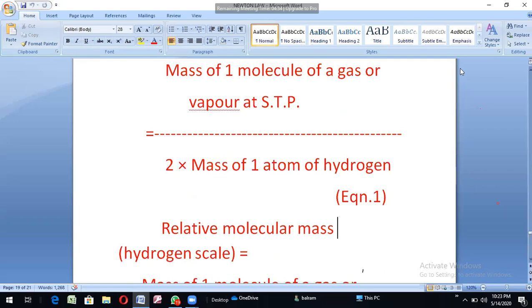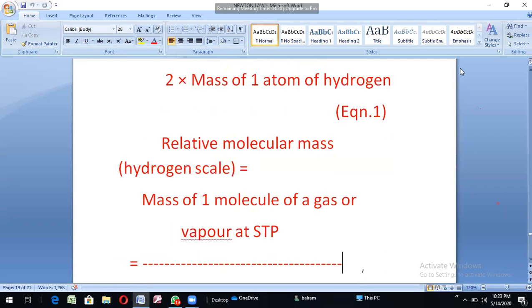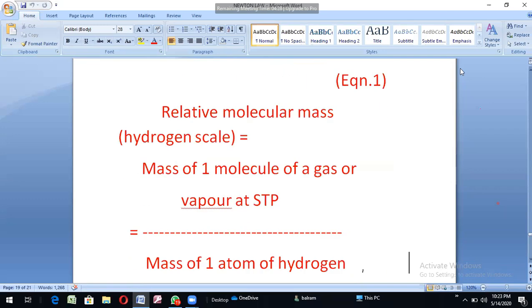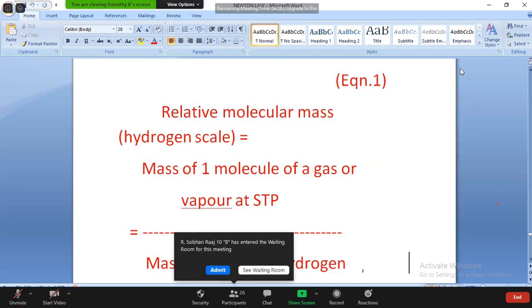This is equation 1. We substitute the relative molecular mass. The mass of one molecule of the gas or vapor at STP divided by 2 times the mass of one atom of hydrogen is the vapor density.